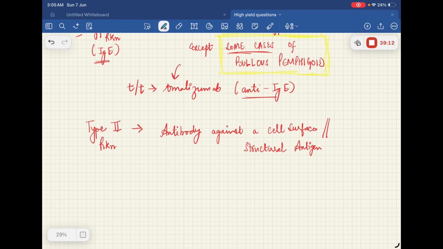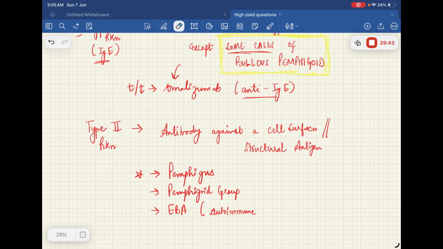Which lesions show this type of reaction? It is the pemphigus group, the pemphigoid group, and epidermolysis bullosa acquisita, which comes under the autoimmune group.